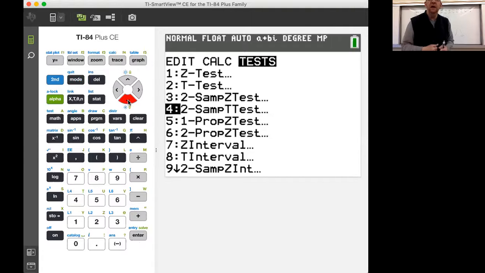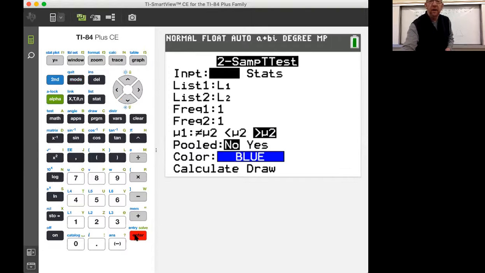Oh, there it is, number 4, 2-SampTTest. Hit enter, and we notice that our information is coming from data. Again, like with the confidence interval, the default is L1 minus L2, so we're going to leave that the way it is. This time, the alternative hypothesis is that mu sub 1 is greater than mu sub 2, right? More kernels will pop from the name brand. Pooled, no. And let's calculate.